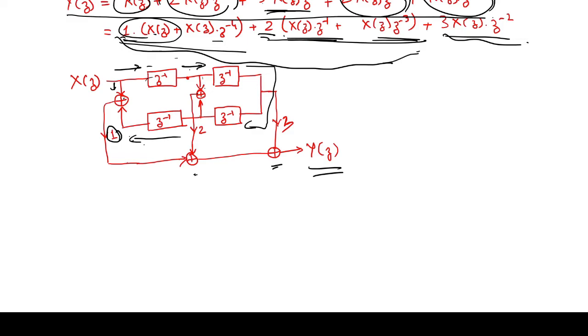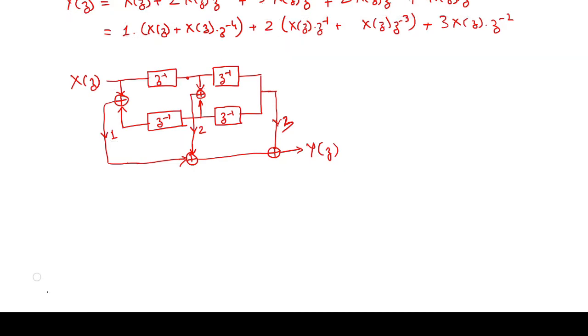You have not understood? See what we are doing. Initially, what we have done, this and this, they have the same coefficients. We have taken them together. Then this one and this one, they have the same coefficients.